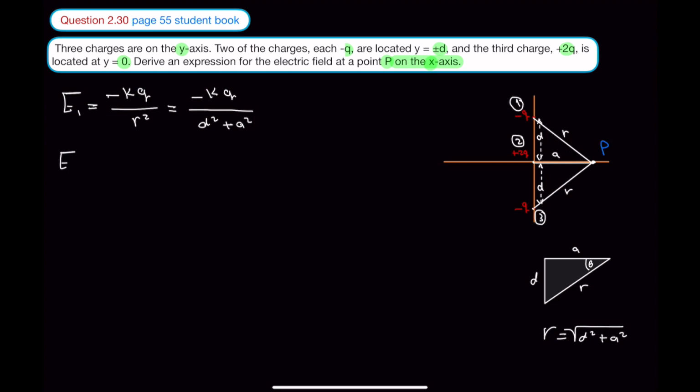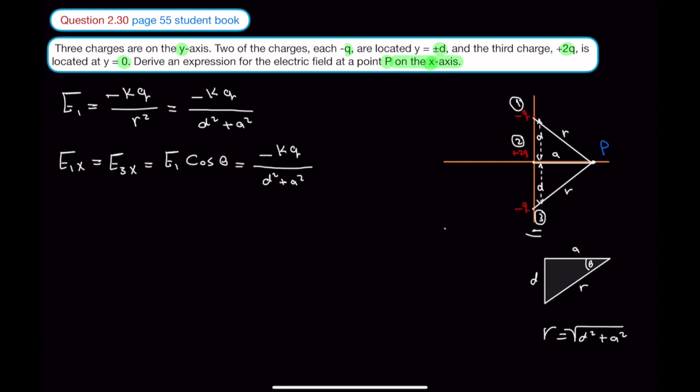So E1 on x, which is, by the way, equal to E3 on x, equals E1 cosine theta. That means it will be equal to negative kq over d squared plus a squared, times cosine theta. Now we need to get cosine theta.